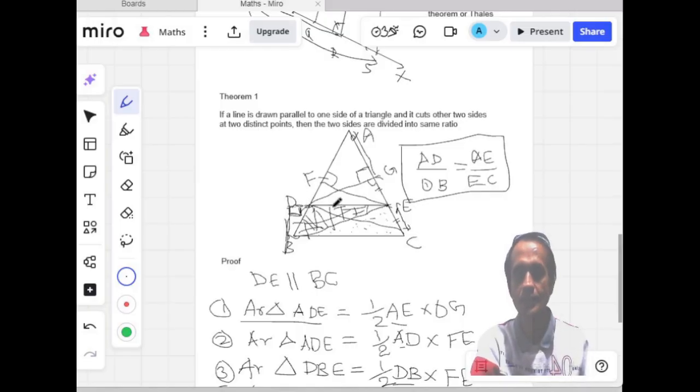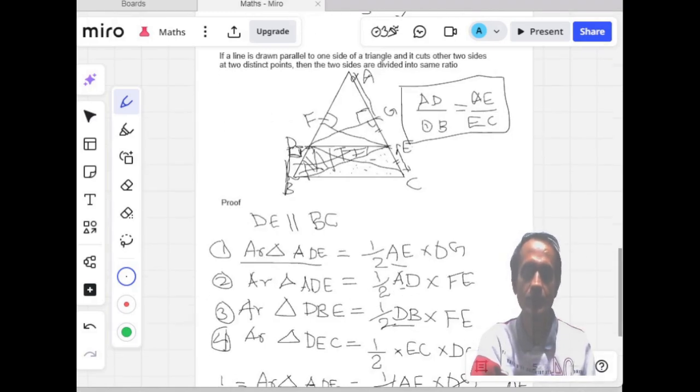For this triangle it is half DE into this altitude. For the other triangle also, it is half DE into this altitude, because this altitude remains the same for both. It is the distance between the two parallel lines. So the areas of these two triangles will anyway be equal.